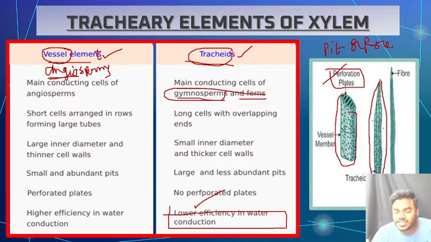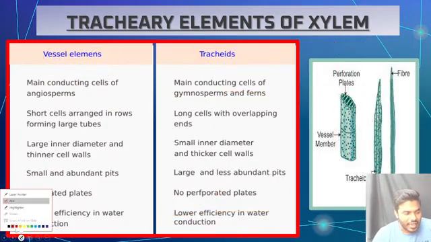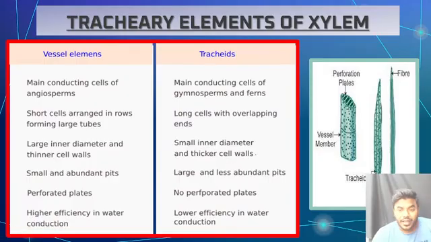What do the tracheids contain? Tracheids contain pits or pores. Same way, in case of vessel elements also, pits or pores are present. But along with the pits and pores, in the vessel elements, perforated plates are also present.